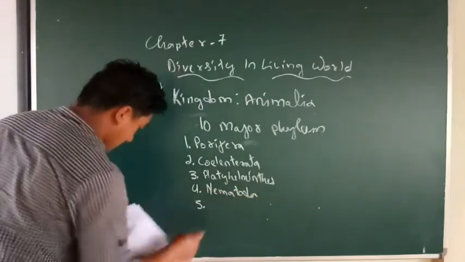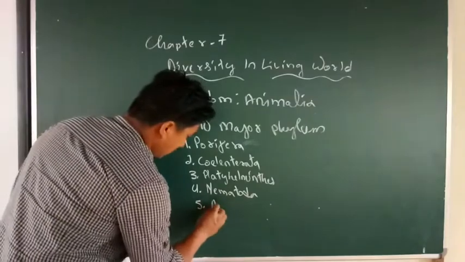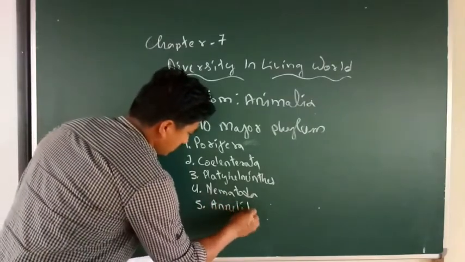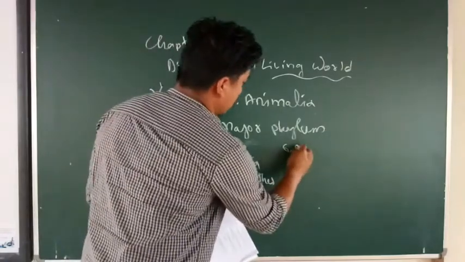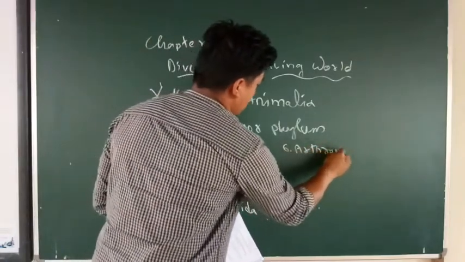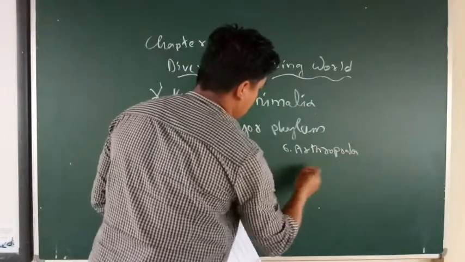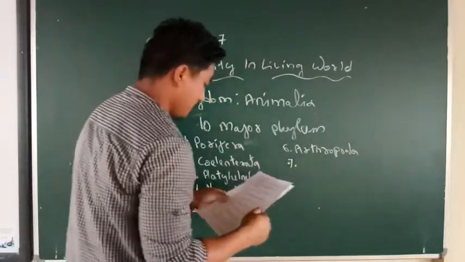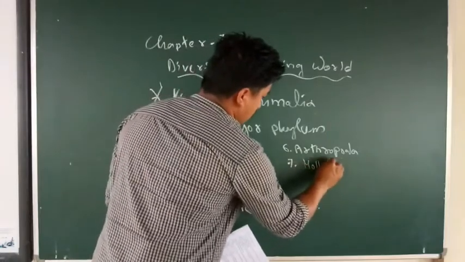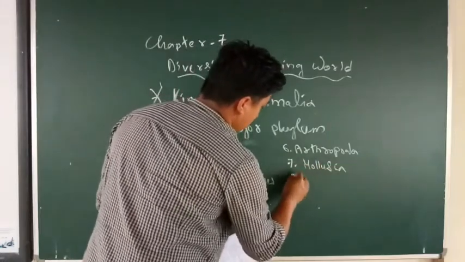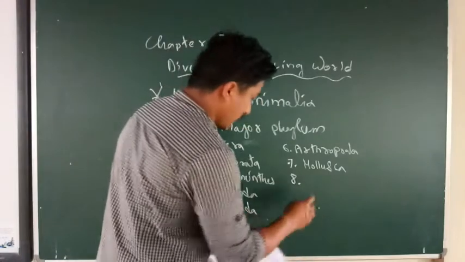Number 5, Annelida. Number 6, Arthropoda. Number 7, Mollusca. Number 8, Echinodermata.